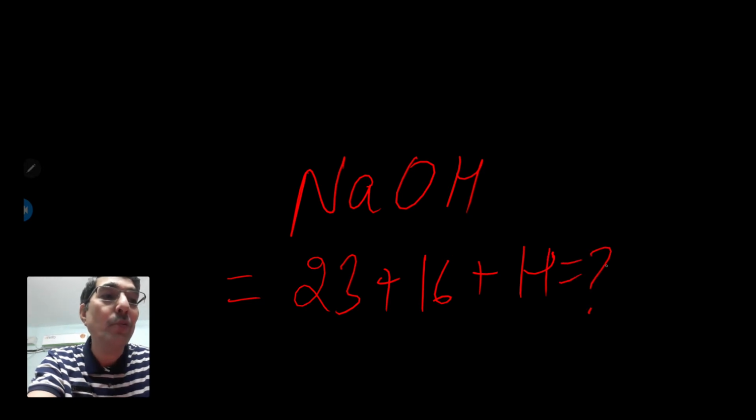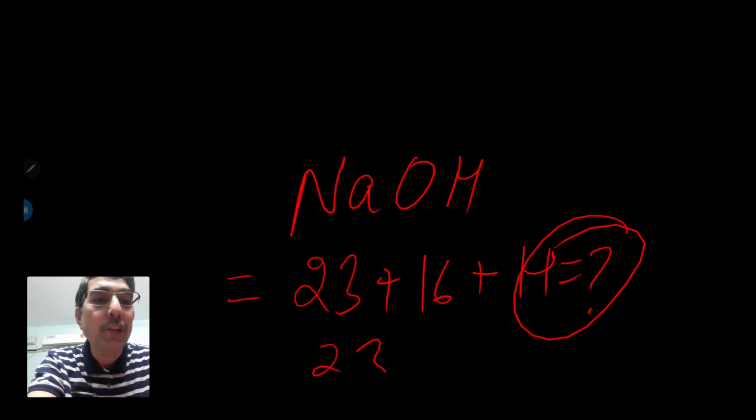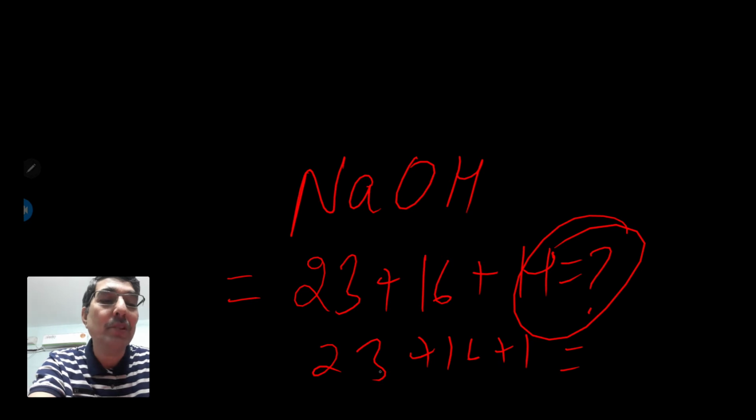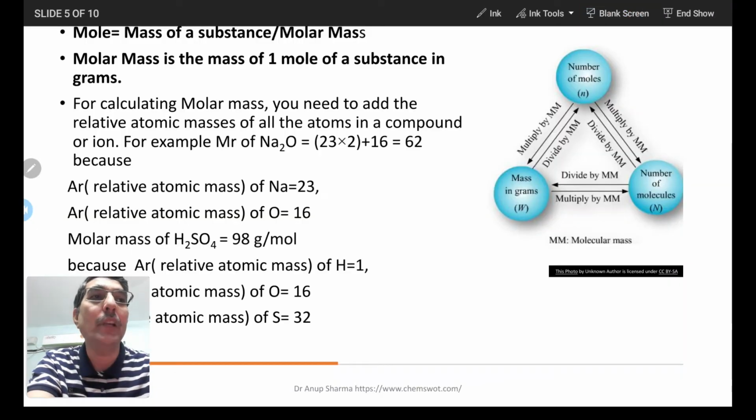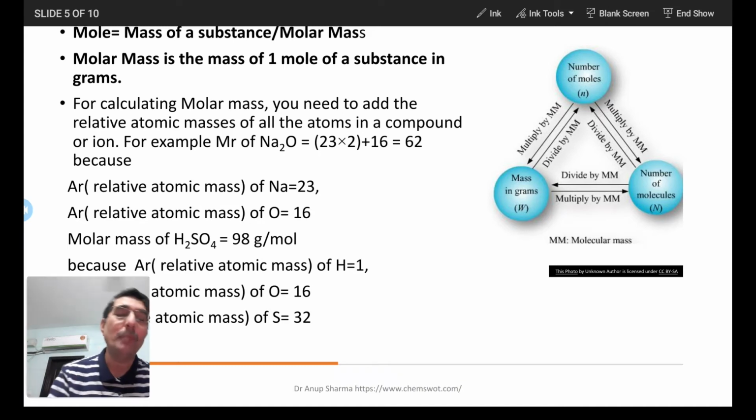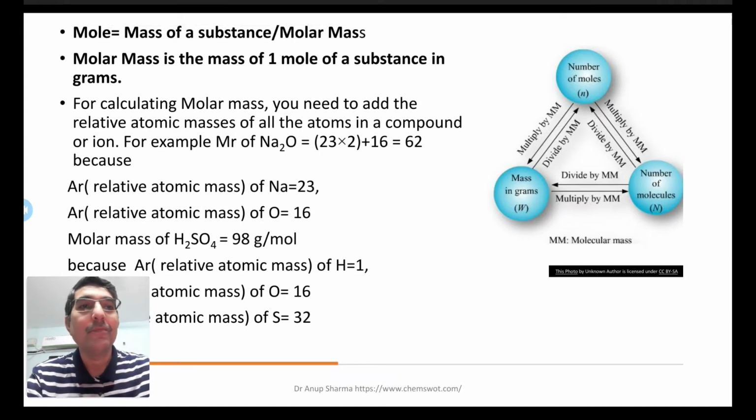So 23 plus 16 plus 1, and how much is that? Can you calculate? 17 plus 3 is 20, and 20 more, 40. So this will be 40. As soon as we put gram, it becomes molar mass. So that is how we calculate molar masses, by using relative atomic mass.